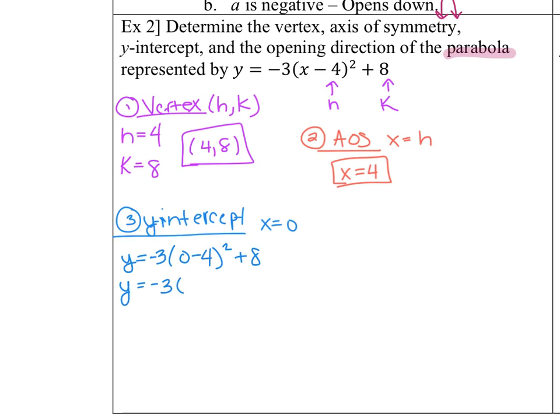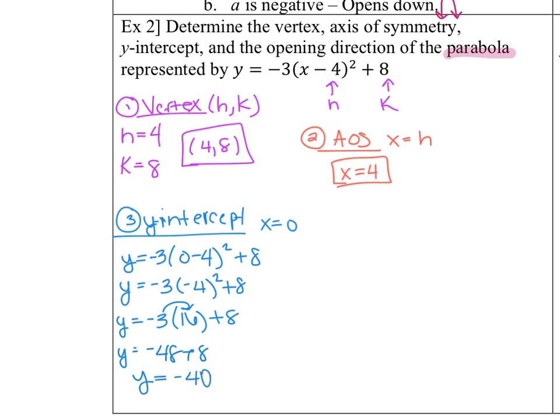Negative 3, 0 minus 4 makes a negative 4 squared plus 8. Squaring has to come before multiplying, so negative 4 squared makes a positive 16. Now I can multiply, so negative 3 times 16 equals negative 48 plus 8. Negative 48 plus 8 equals negative 40. So my y-intercept is 0, negative 40.